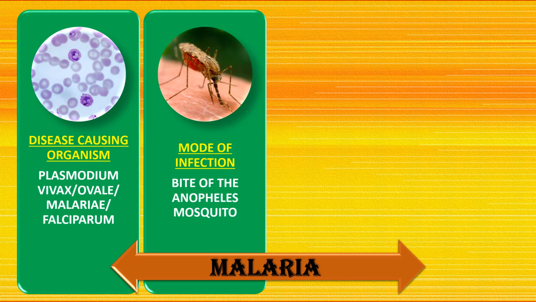When it bites a person, it transfers these disease-causing organisms into that person's blood. And that is how the Anopheles mosquito is a vector or a carrier of the disease-causing organisms which cause malaria.